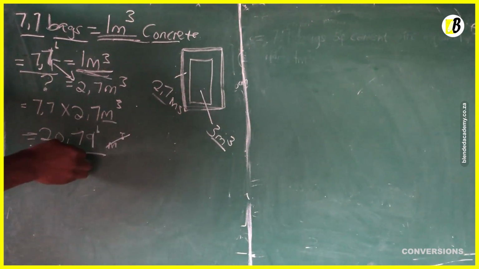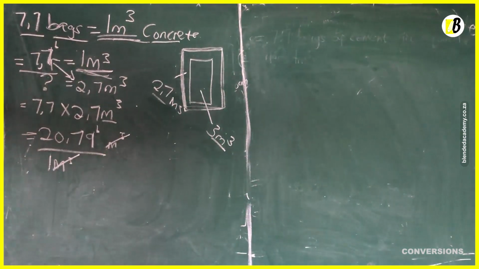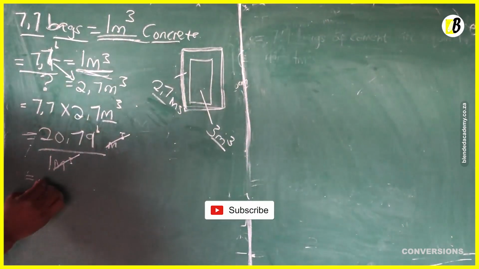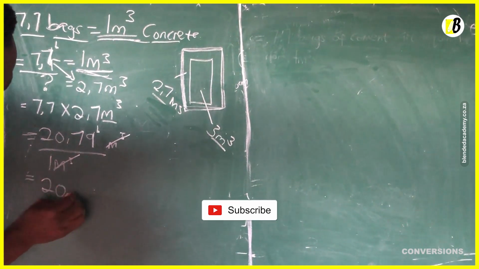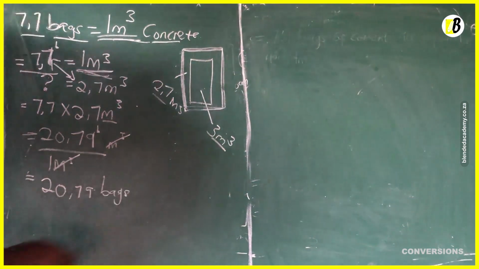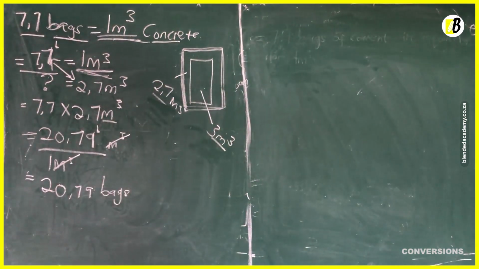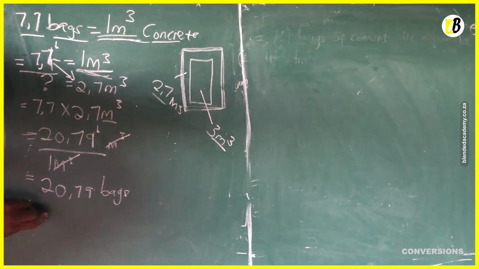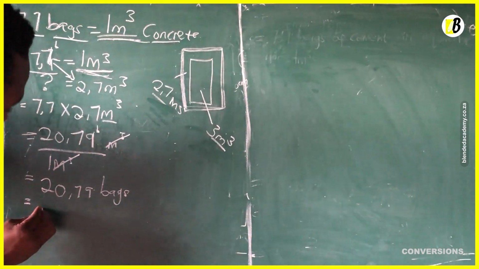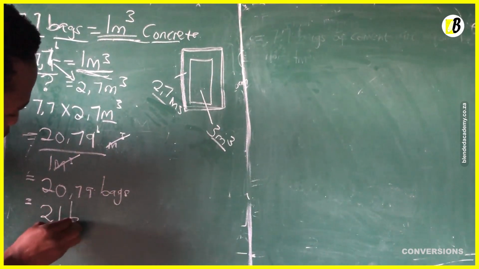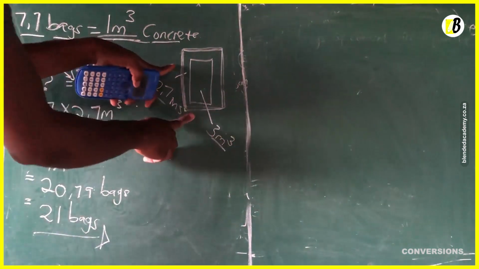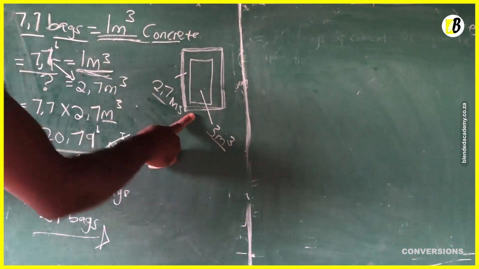Meters cubic and meters cubic, they're going to cross each other, and then what we're going to be left with is only the bags. So it's going to be 20.79 bags. So let's see if we can round it off. So it's going to be 21 bags that will be required for only the outer side of this portion.